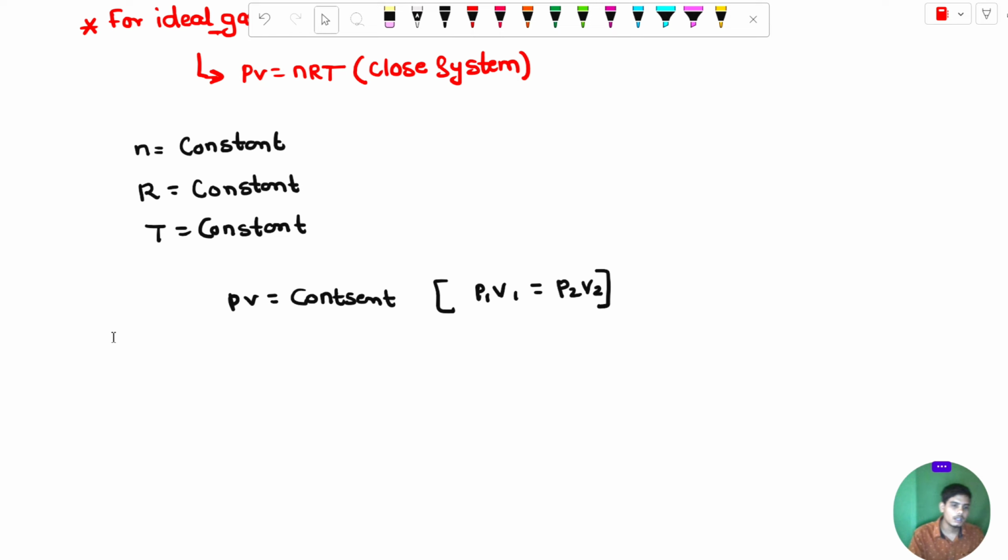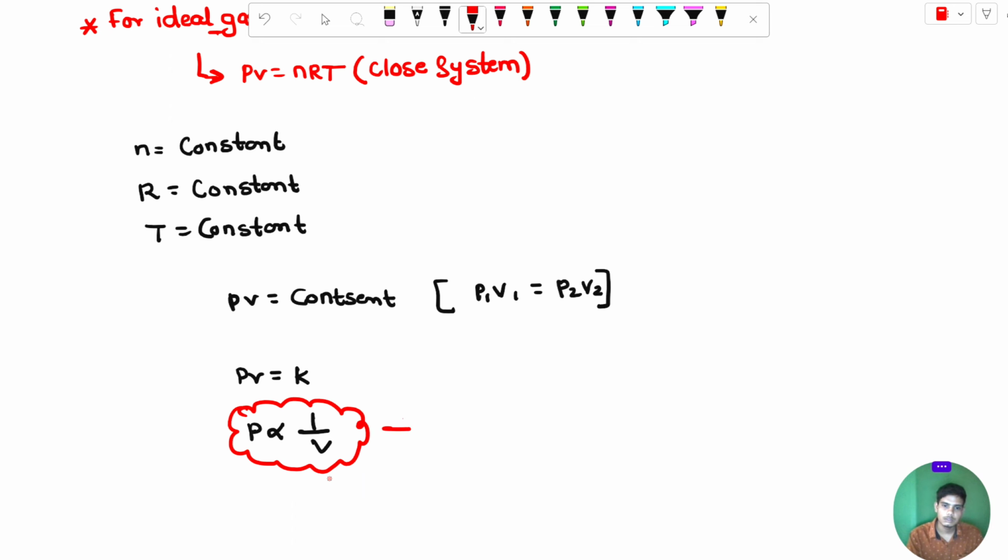If PV is equal to a constant, denoted as K, then pressure is inversely proportional to volume. This is the relation between the ideal gas and the isothermal process, and this equation is called Boyle's law.